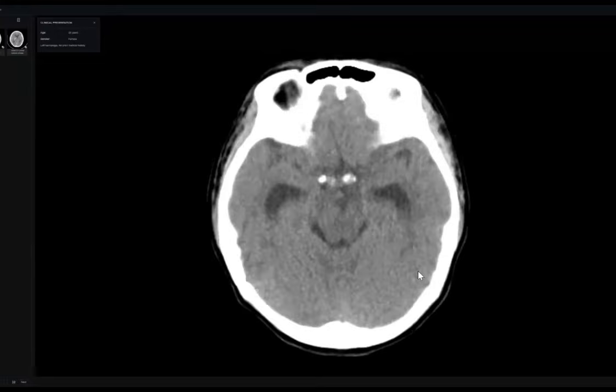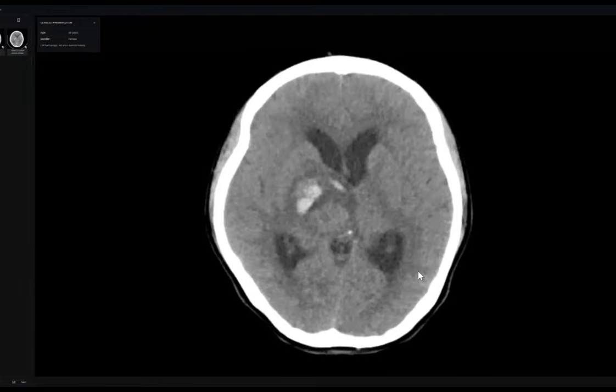Go on, doctor. So what's your provisional diagnosis? Yes, to summarize, this is a 25-year-old female patient with a hyperdense lesion seen in the right basal ganglia. Most likely it is a form of hemorrhage. In my differential, I would think it could be a hemorrhagic infarct, but it is less likely.